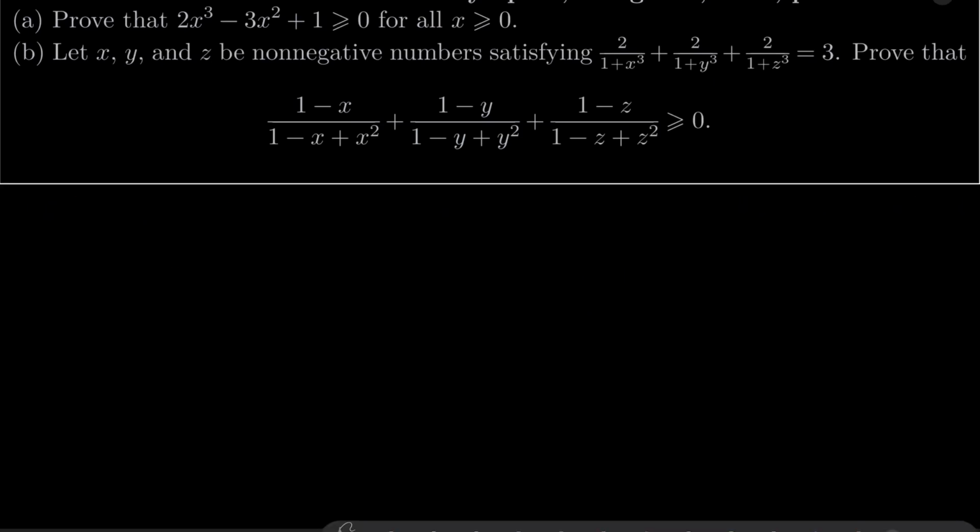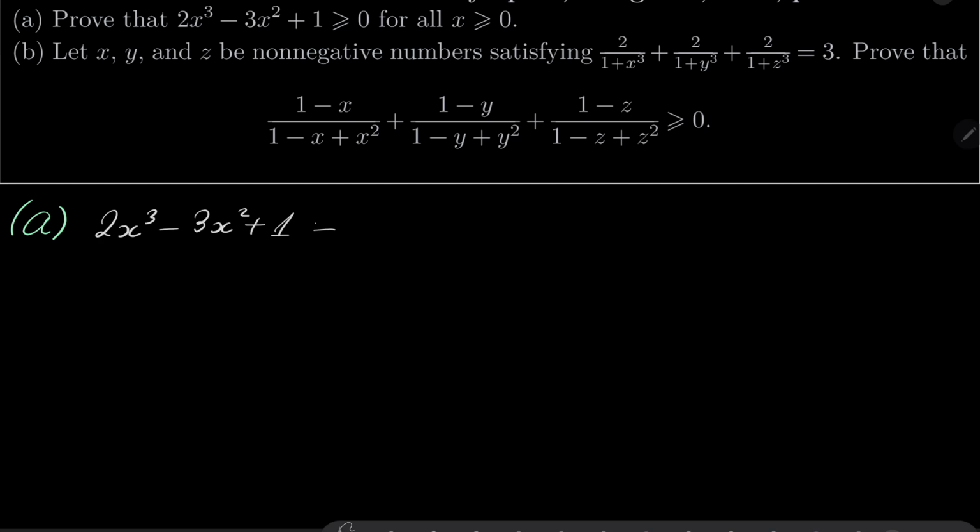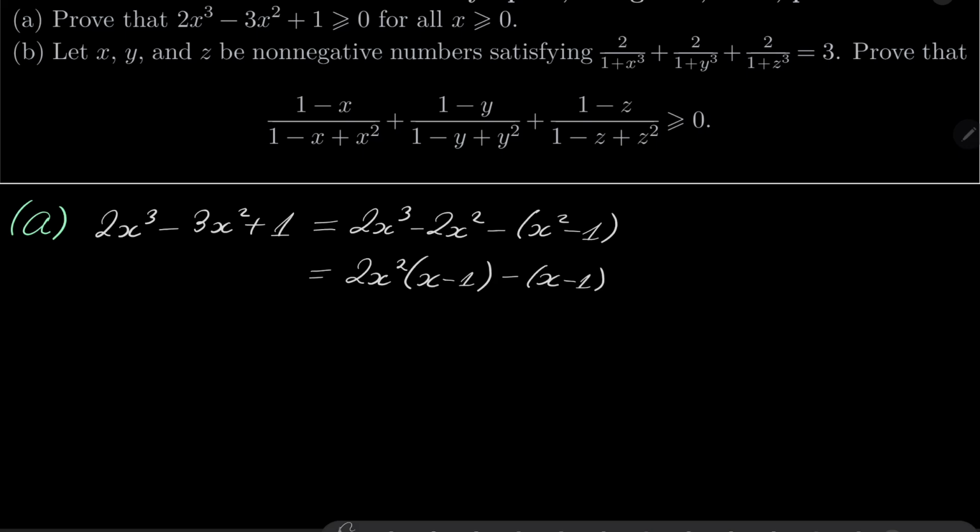Alright, so let's start with part A. Part A is straightforward. 2x^3 - 3x^2 + 1. I will write it in the following way: 2x^3 - 2x^2 - x^2 + 1. So we have 2x^2(x-1) - (x-1)(x+1).